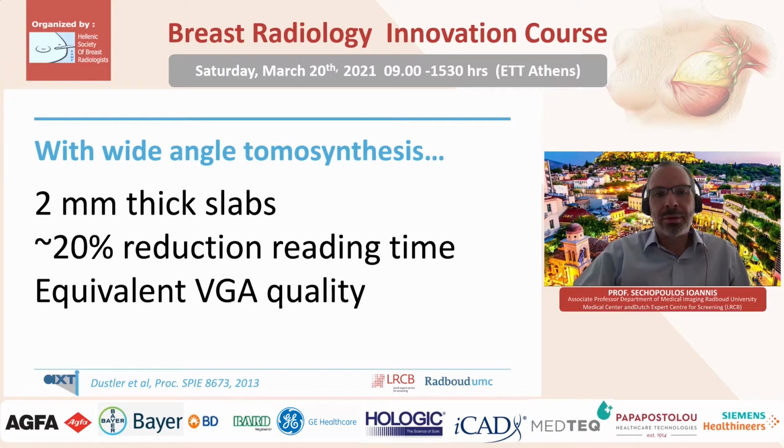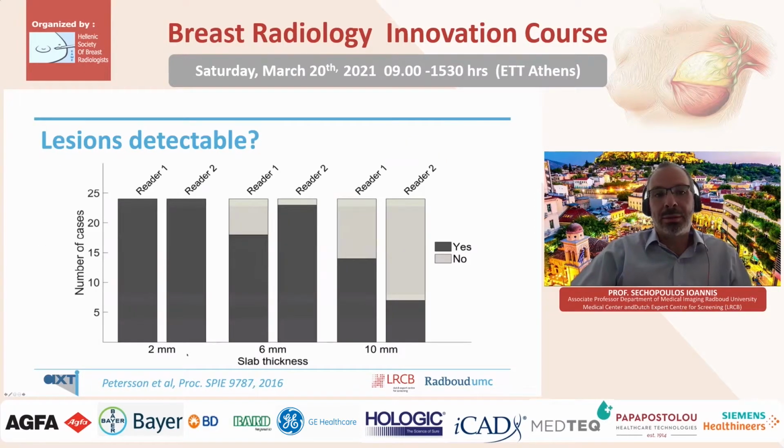So people have been looking at whether we should read only slabs when we look at tomosynthesis images. The earliest study probably was this one from the Malmo team, in which they looked at the image quality of 2 millimeter thick slabs, and they were able to look at these slabs 20% faster with equivalent image quality that was apparent to the readers.